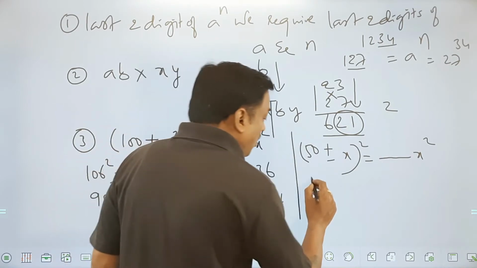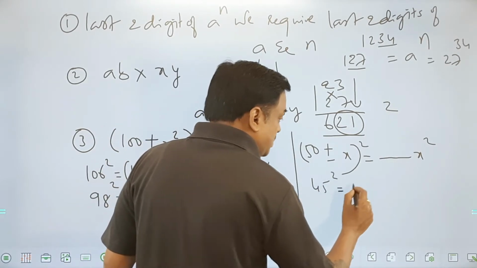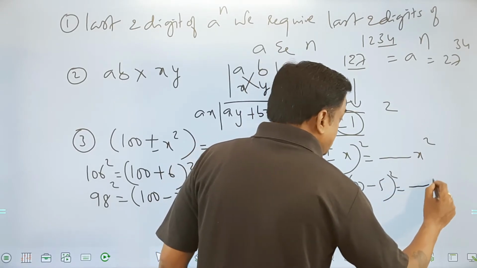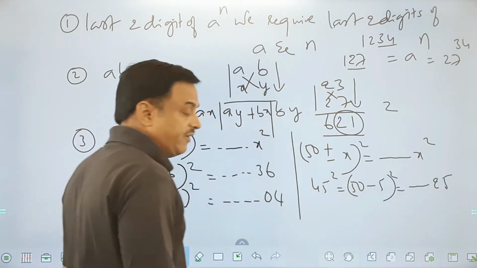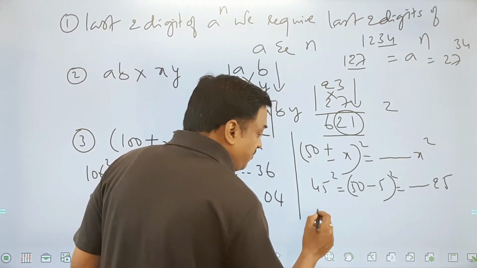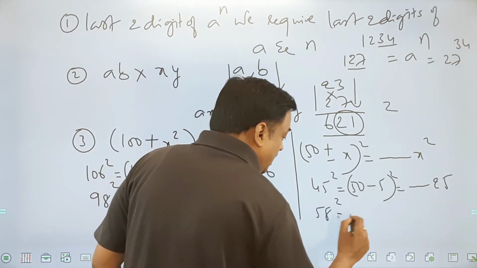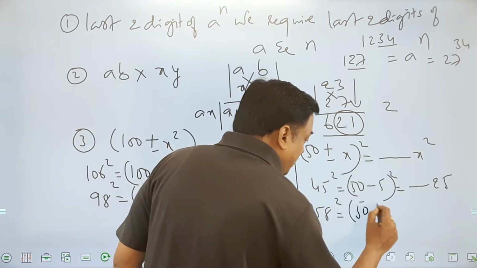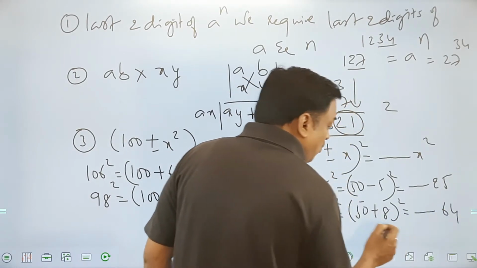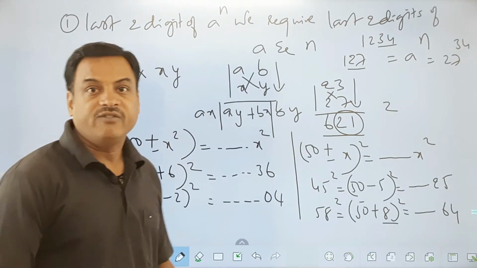For example, 45², which can be written as (50 − 5)², and the last two digits will be 5², that is 25. Or if I have something like 58², then it is (50 + 8)², which has last two digits as 8², 64.